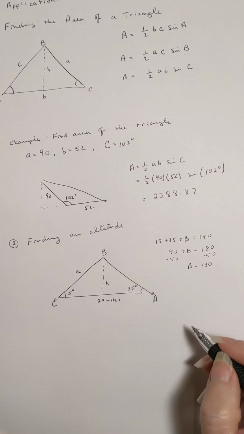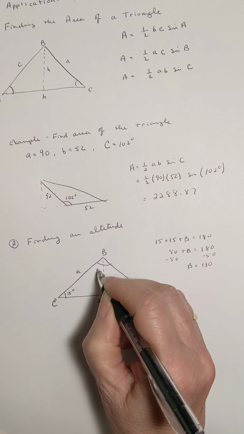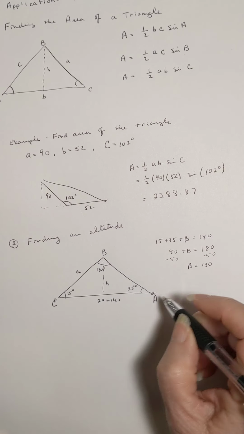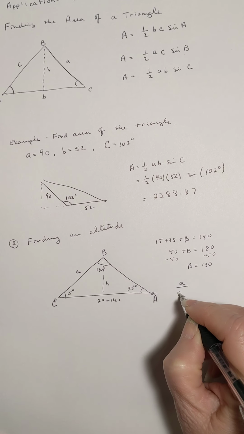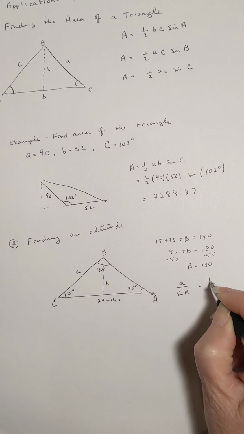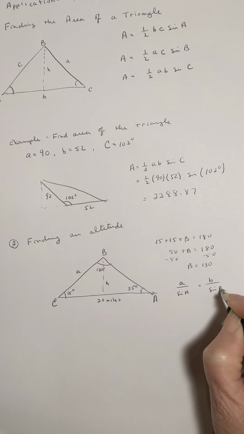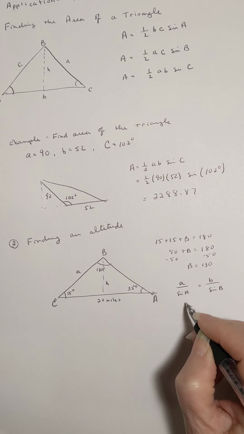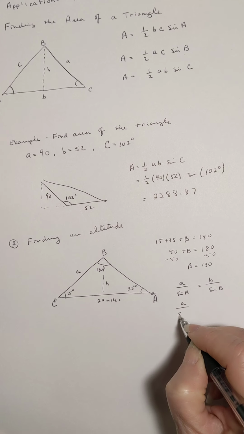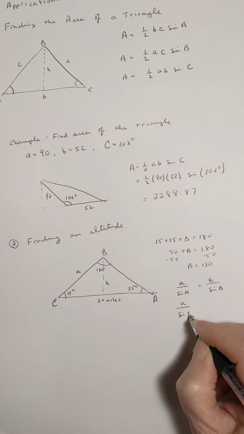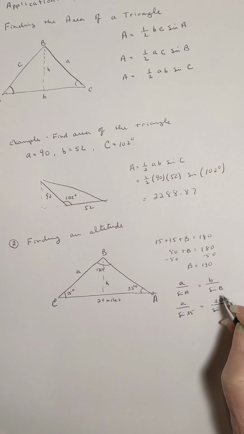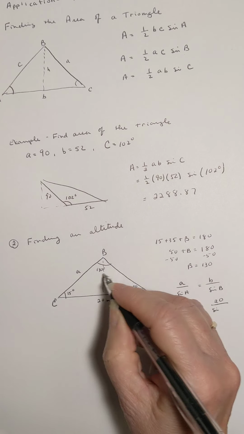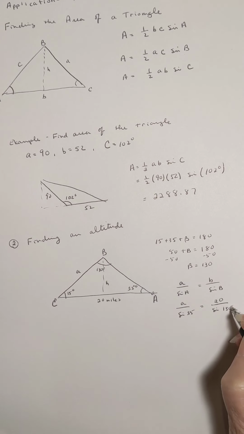All right, and so now I know what angle B is, and now I can use my law of sines. If I'm looking for A, it would be A over sine A equals B over sine B. So this would be A over the sine of 35 is equal to 20 over the sine of 130 degrees.